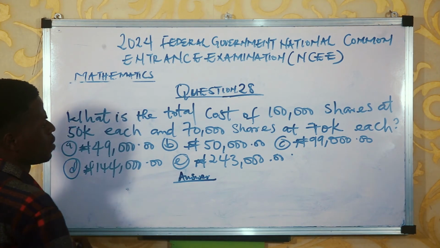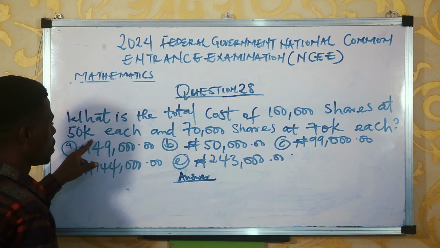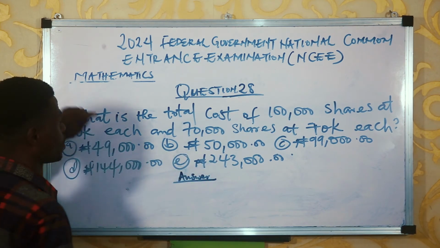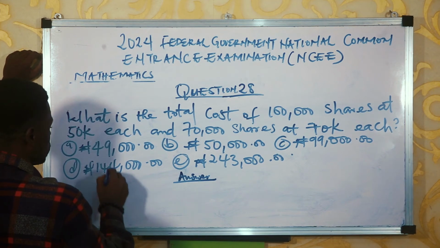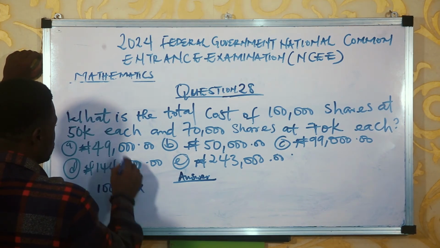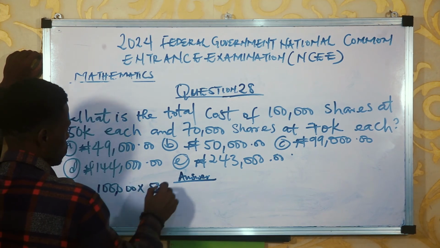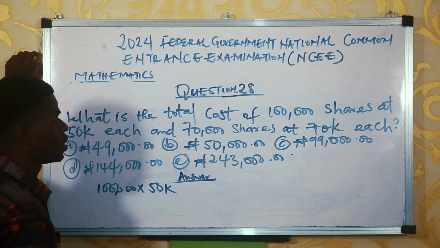Look at it: 100,000 shares at 50 kobo, and our answer is given in naira. Take note of that. So first off, multiply this 100,000 times 50 kobo.